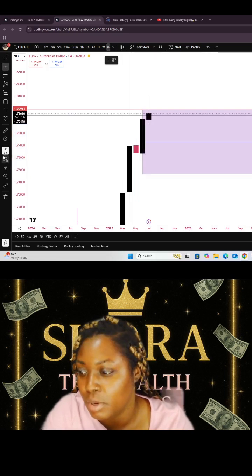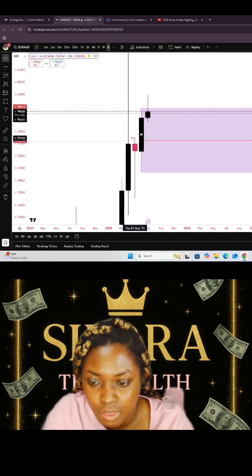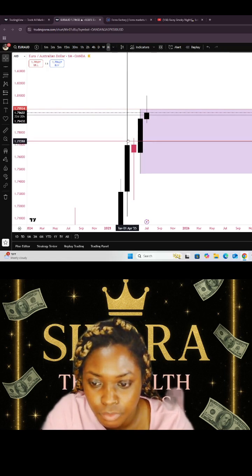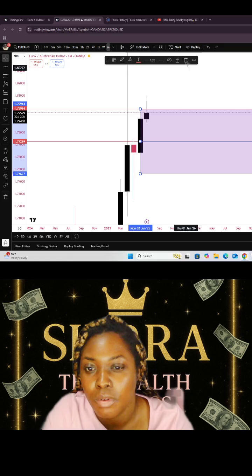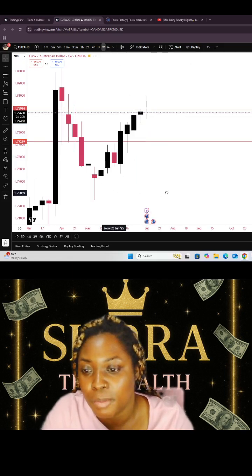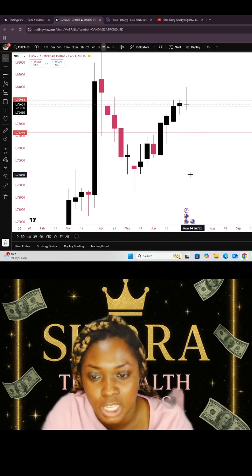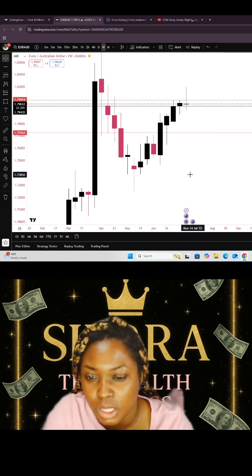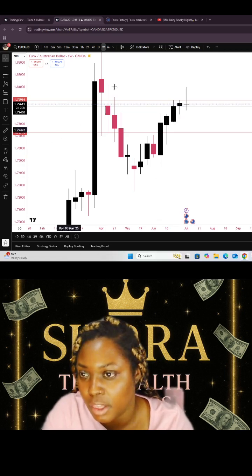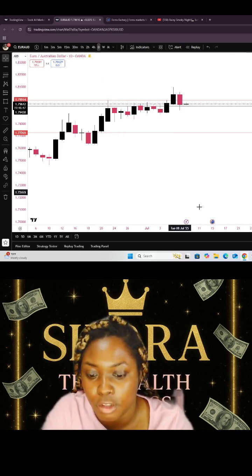And that's my TP area. And that's going to be red also. Okay. Now I'm going to go back to the weekly. And as I stated, I would look to see if there's anything else that I could use here on this weekly. I don't see anything at the moment, so I'm going to come down to my daily chart.